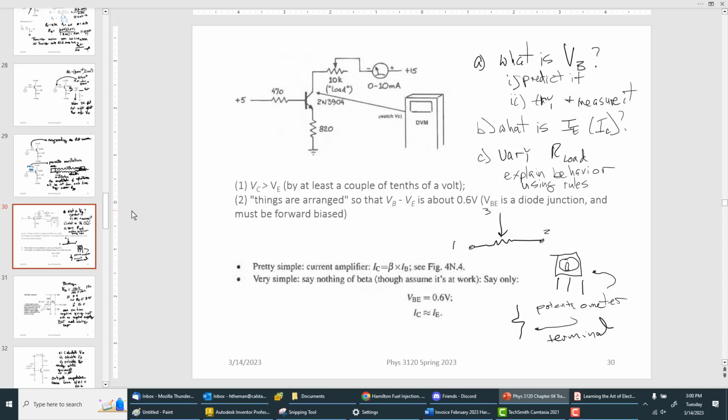You can quickly test them by measuring the resistance across 1 and 2. So you want R12 to be about 10K if possible, but you need either that or greater than or equal to 10K. If you have less than 10K, you won't observe all the behaviors.